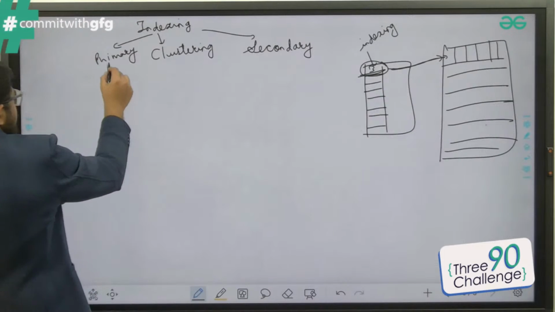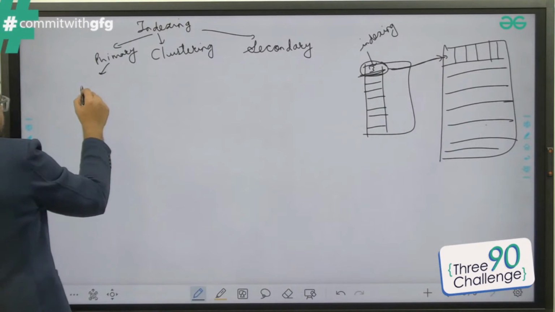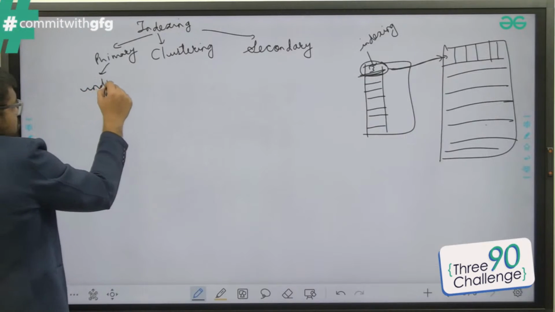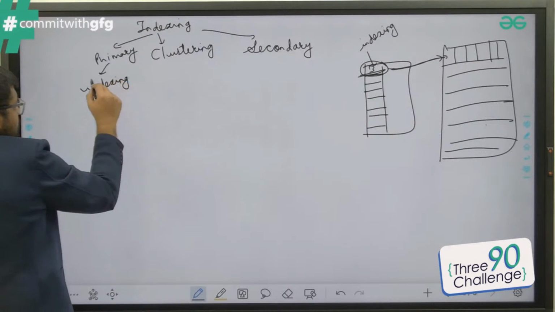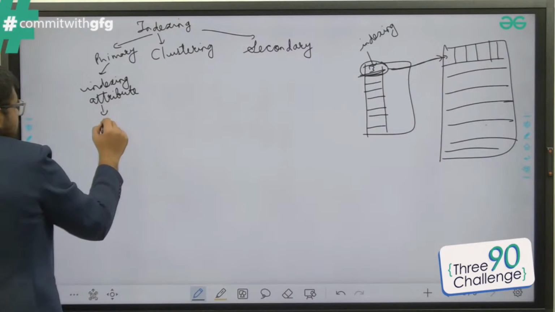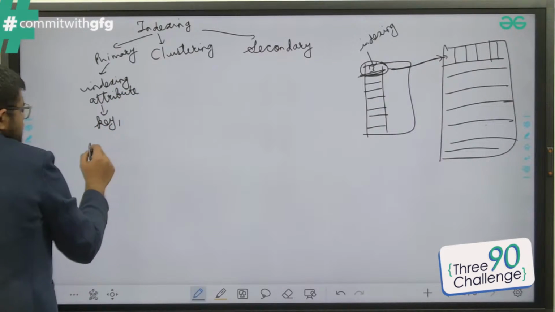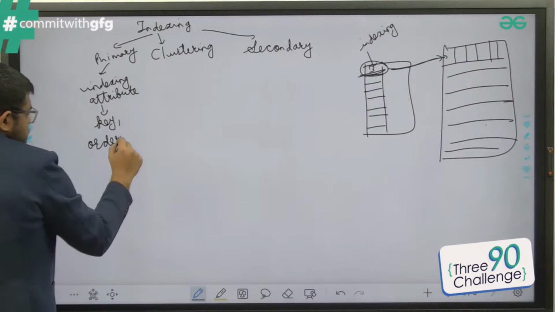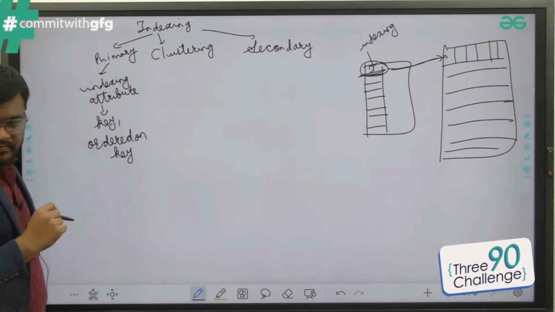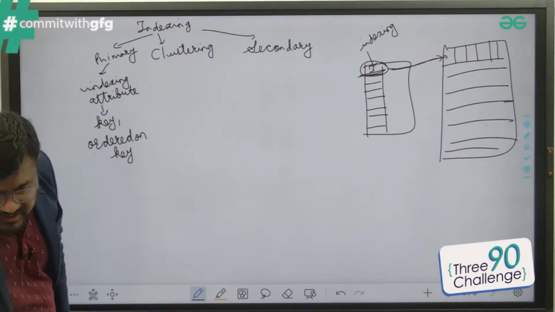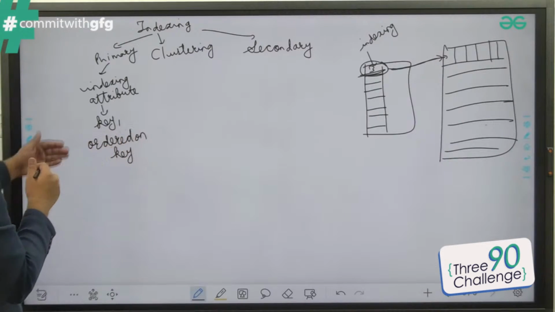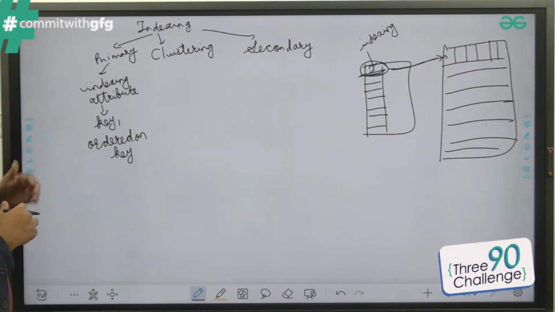Now primary indexing is when the indexing attribute is a key, as well as the data is ordered on the key, meaning the data is sorted with respect to that key value.